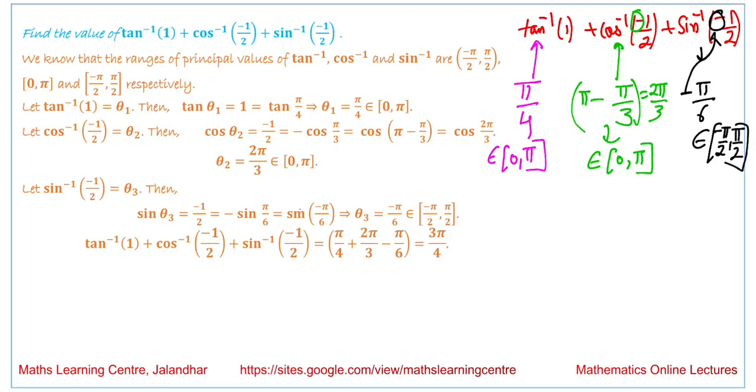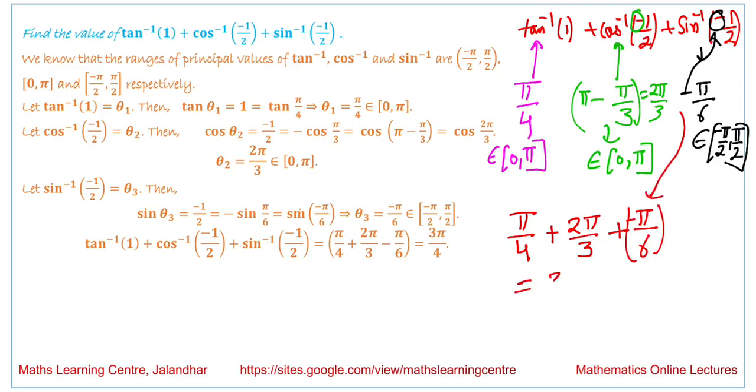So these are the values corresponding to these. So the answer we obtain is pi by 4 plus 2 pi by 3 plus minus of pi by 6, and on solving this the value we obtain is 3 pi by 4.